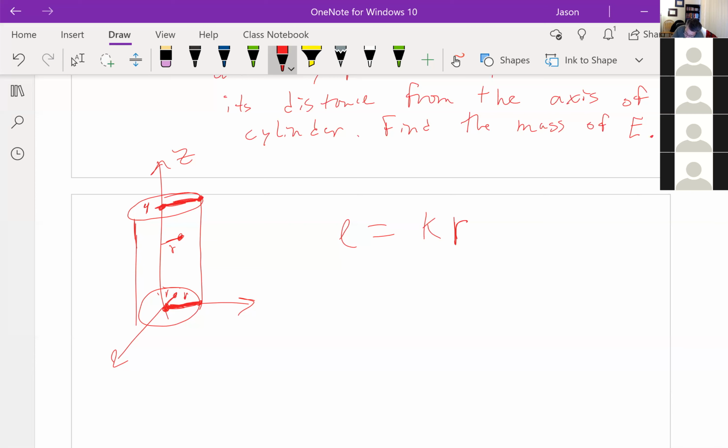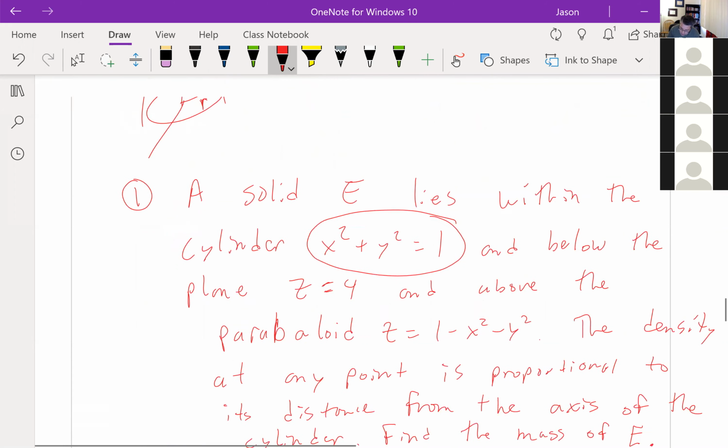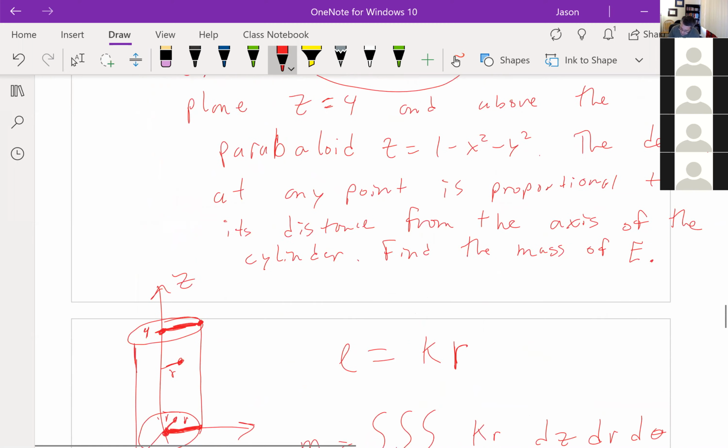Okay, so let's find the mass of this thing. The mass is going to be my triple integral in cylindrical coordinates. But what is cylindrical coordinates? Well, it's just polar coordinates with an extra z added on, right? So this is going to be k r times dz dr d theta, that's cylindrical coordinates in terms of a triple integral.